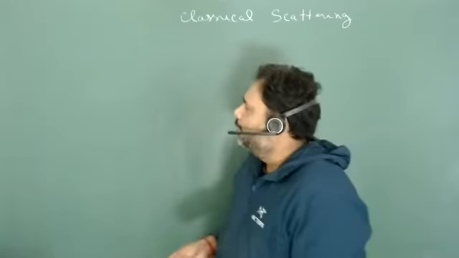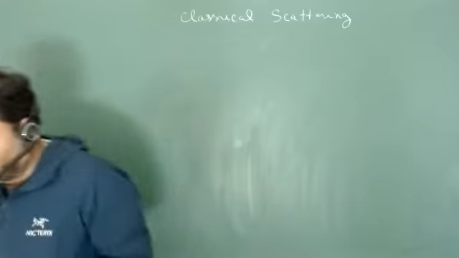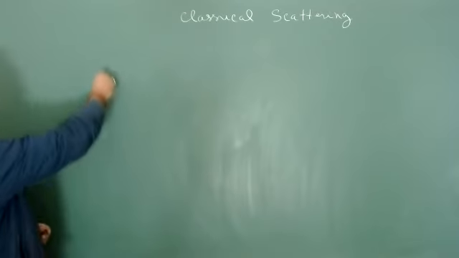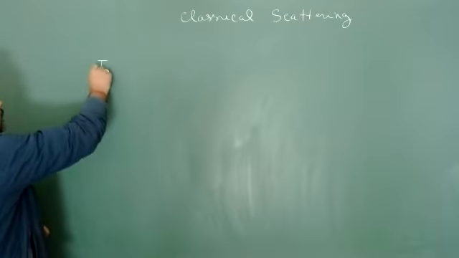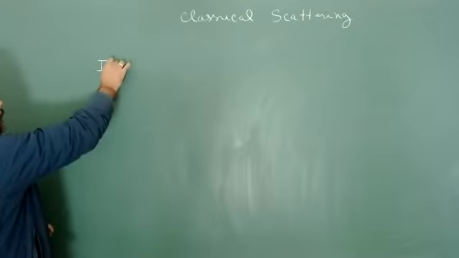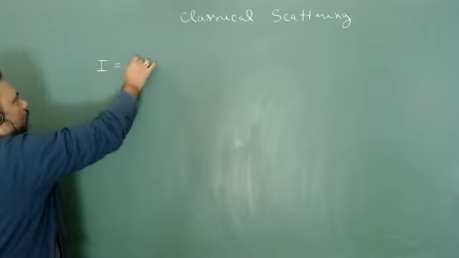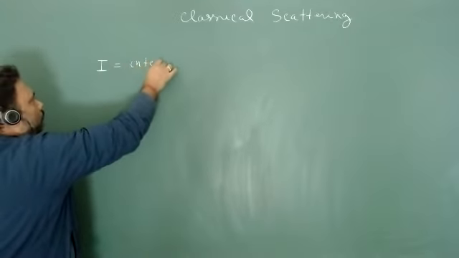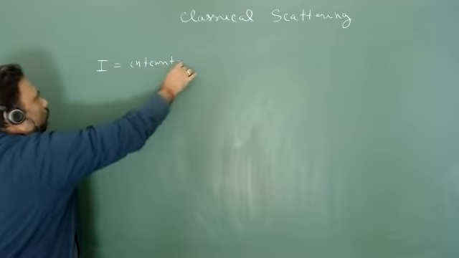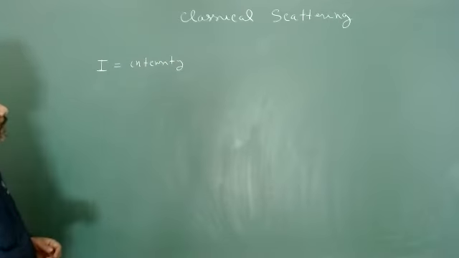So let's try to formulate the basic definitions and all these properties of scattering. So first I have to give you the first definition, and this is nothing but the intensity, which is identified as I. Now, what is intensity?